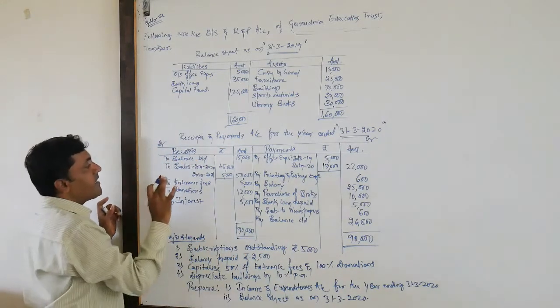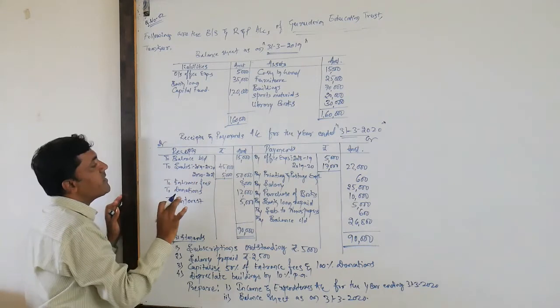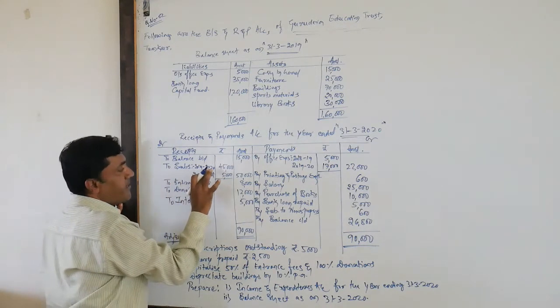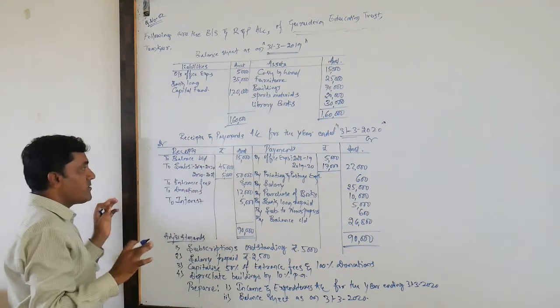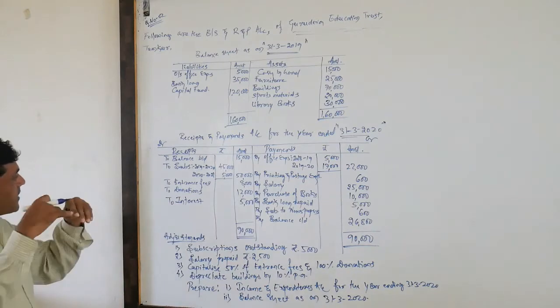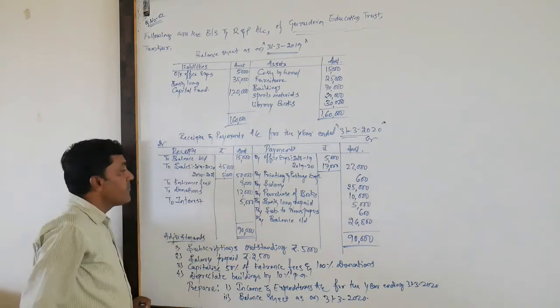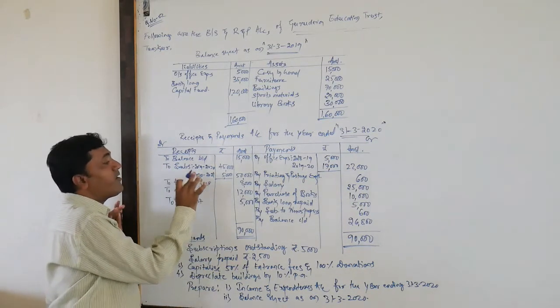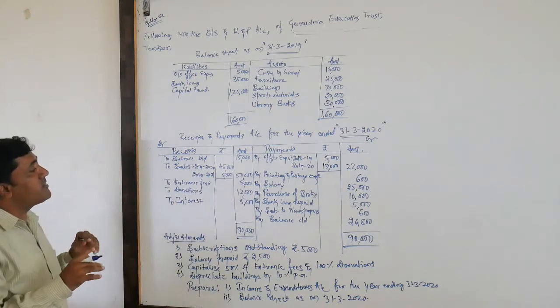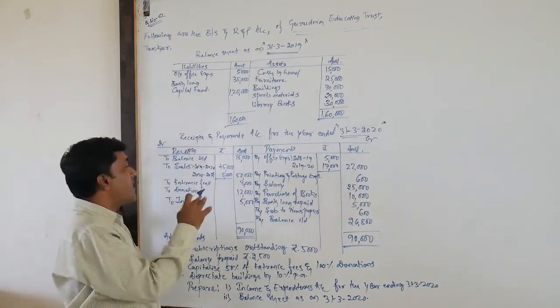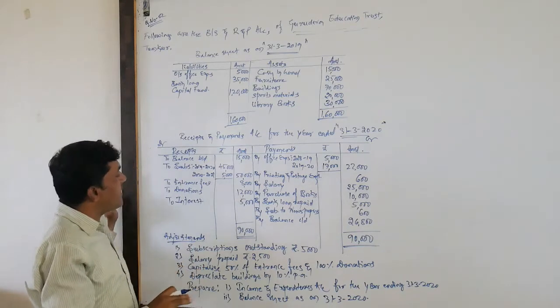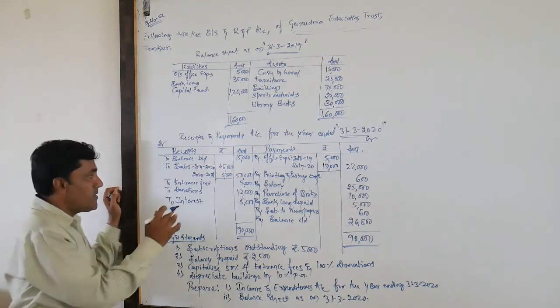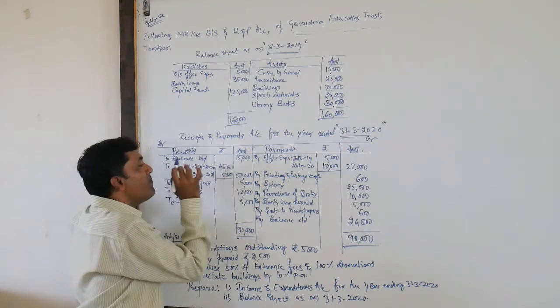The present financial year is 2019-20. The amount is 45,000, meaning subscription received for the current year is rupees 45,000. 2020-21 means rupees 5,000 received for the next year, that is advance received subscription, or you can say pre-received subscription of rupees 5,000. Here very important.